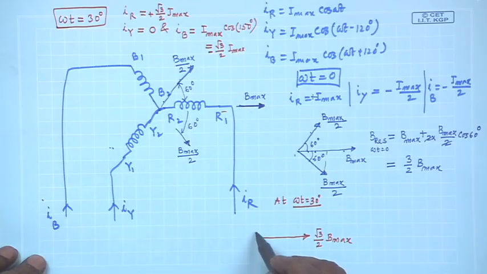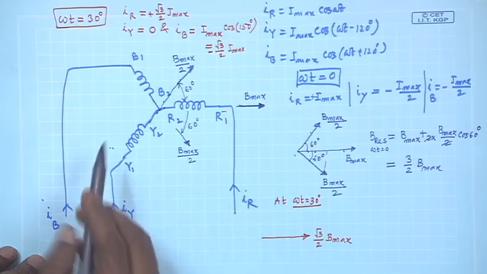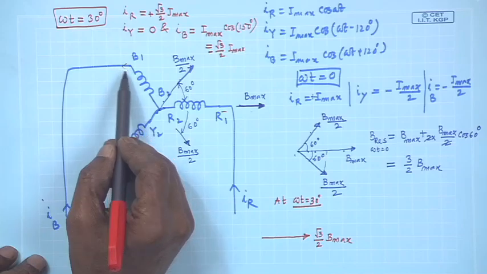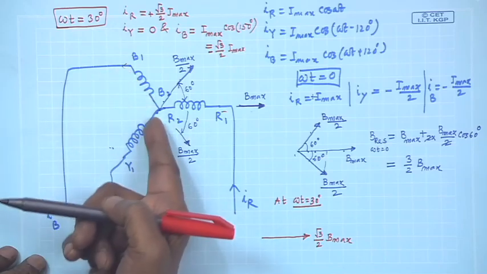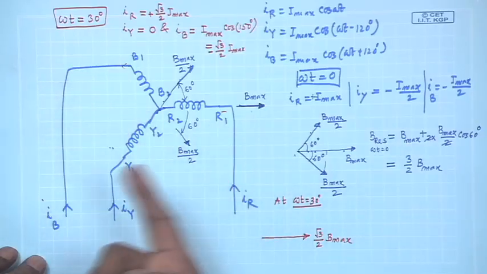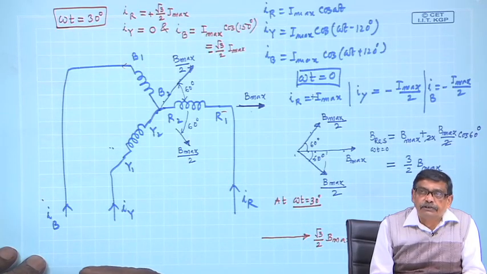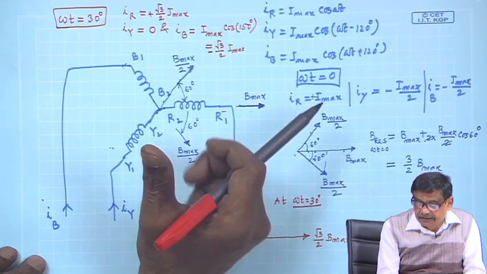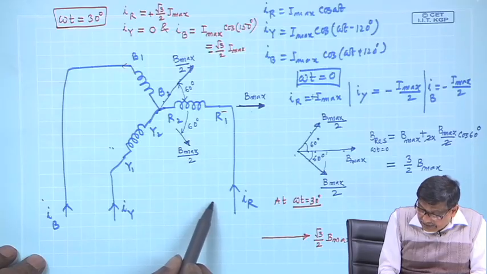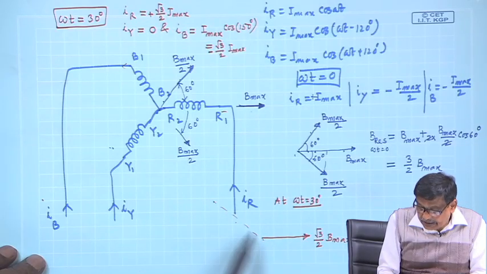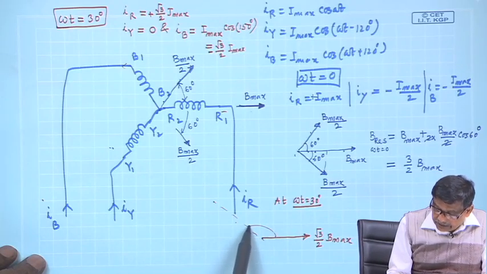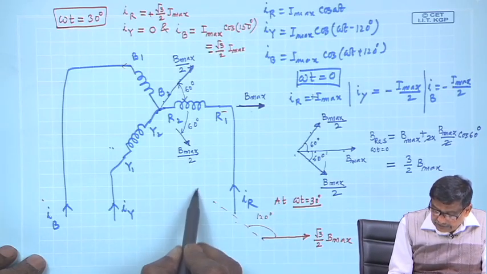But should I draw the field this way? No, because the current I B is negative, means current is leaving B, it is flowing exactly at omega t equal to 30 degree. This is the exact direction of the current, and exact direction of the current defines in which direction you should plot the field, is not. If current reverses, then the pole produced will be reversed. Therefore, the axis of y is like this 120, but the field produced is at 120 degree, mind you. This is axis of y.